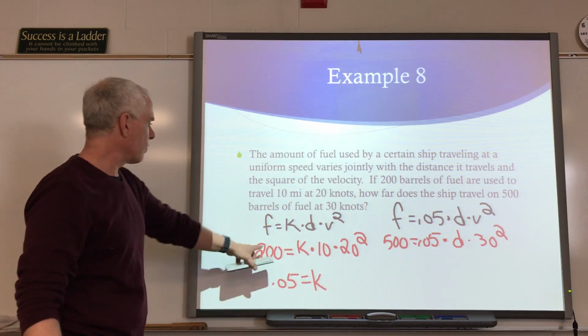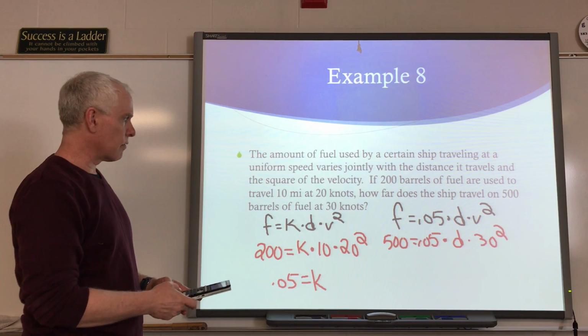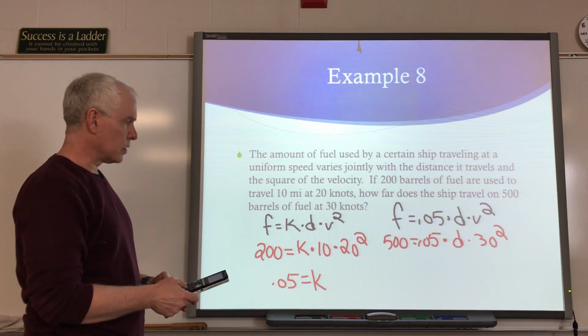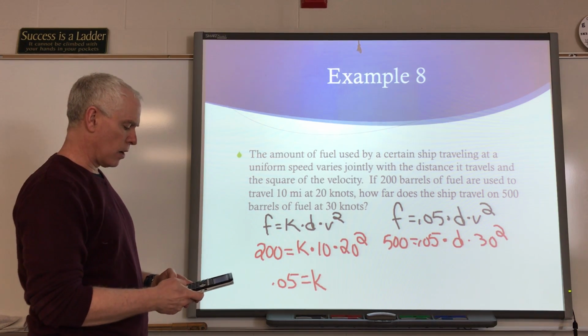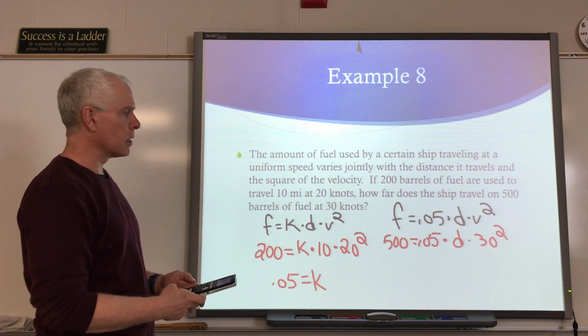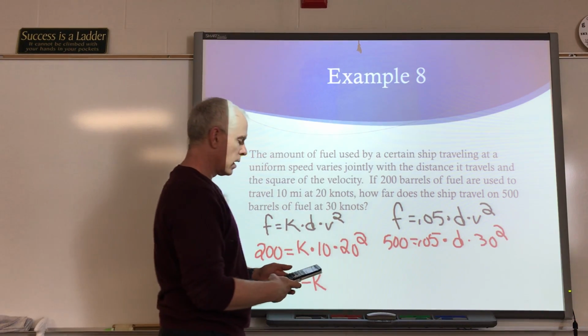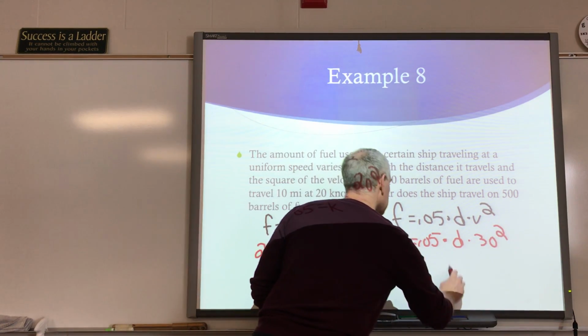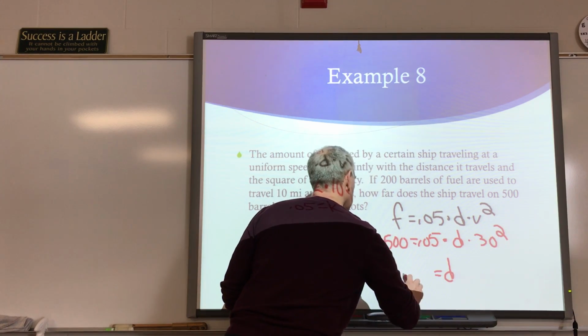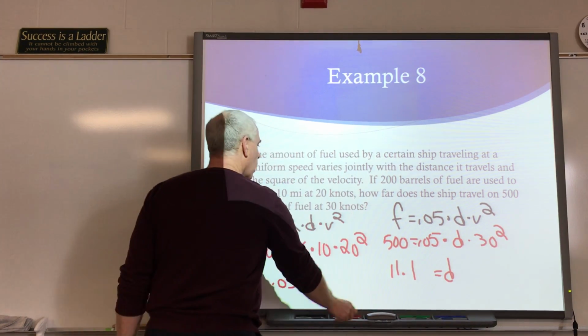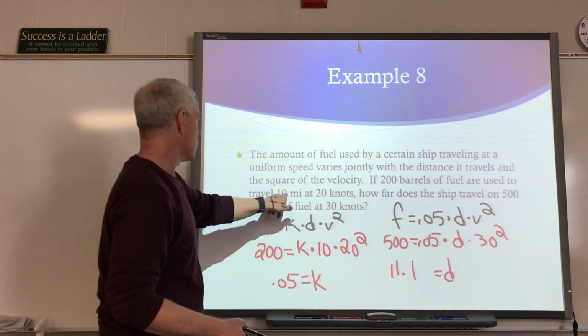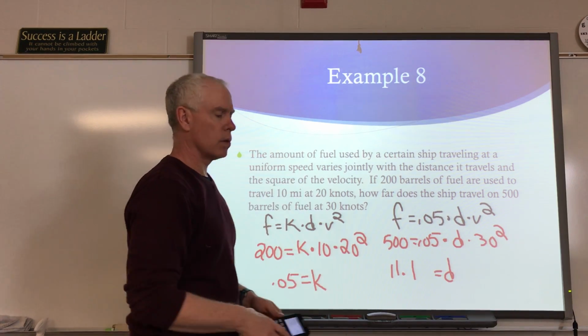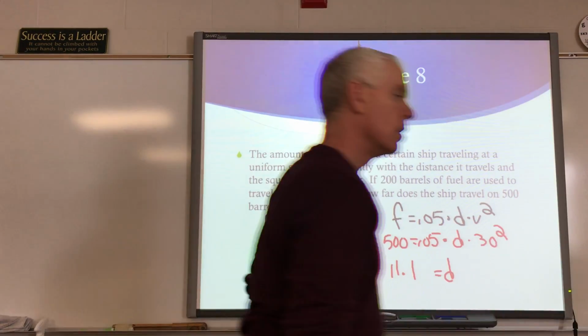Again, I'm going to solve it very similar to what I did over here. I have to take 500 and divide it by 0.05 times 30 squared, and I'm going to get D by itself. When I do that, I get about 11.1, and it's distance, so it's going to be the same units as before, 11.1 miles.